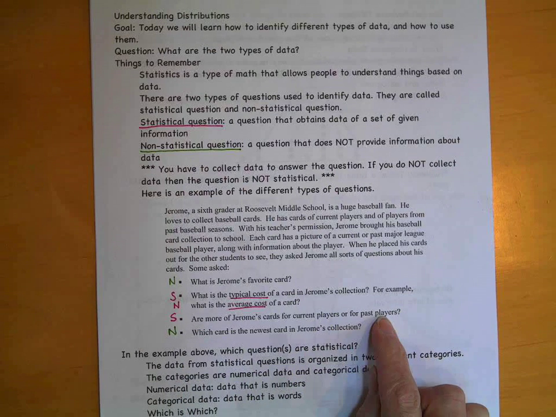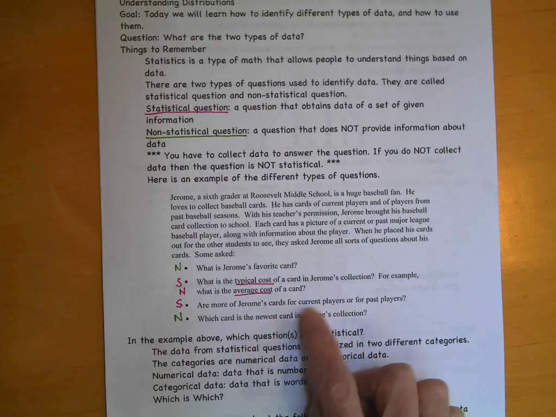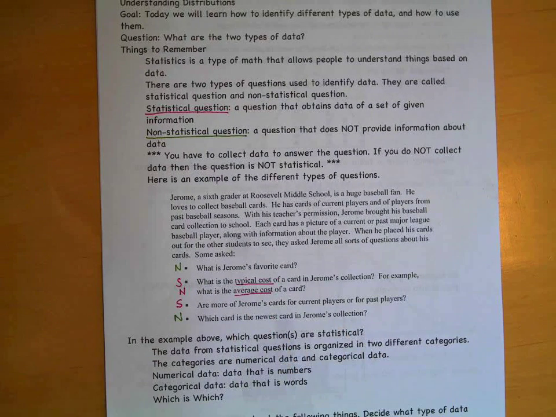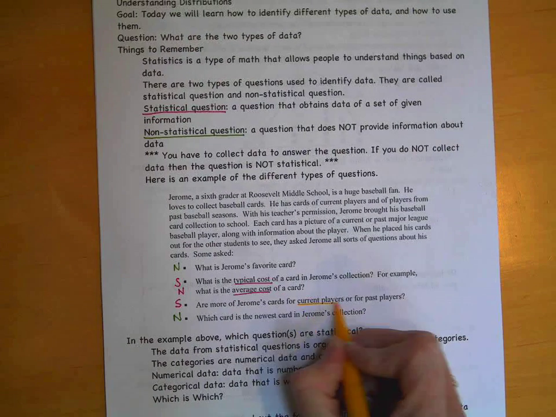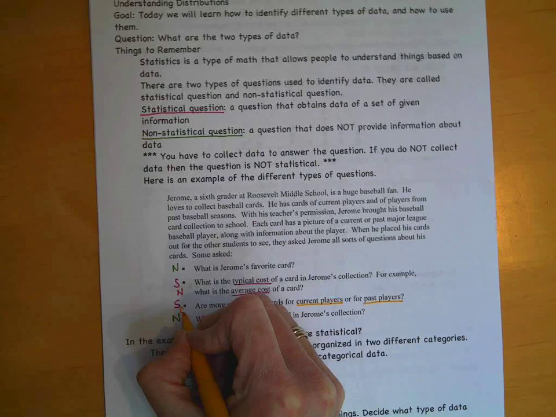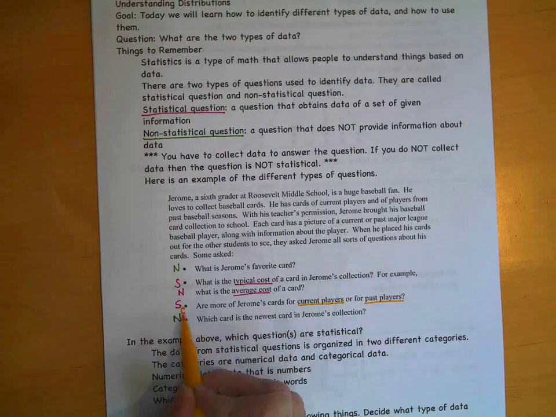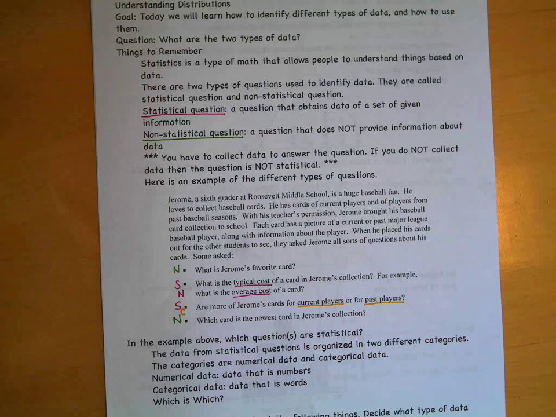Are more of Jerome's cards current players or past players? I would definitely say this is categorical because you're looking for current players versus past players. So those are words. Those don't have anything to do with numbers, but they do break up the cards into 2 different categories. So this would be categorical data. Numerical data because of the numbers, categorical data because of the 2 types or the 2 categories that we're breaking the data into.